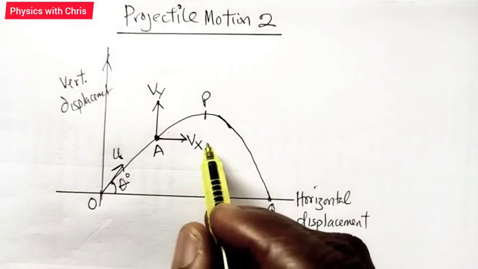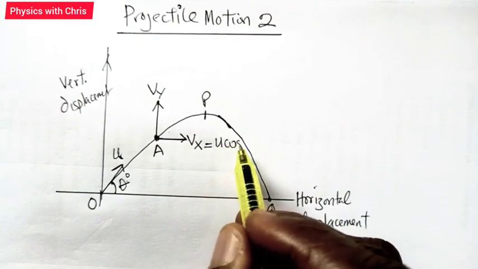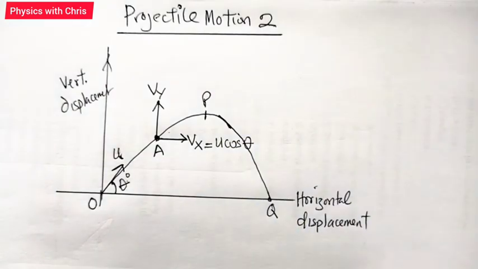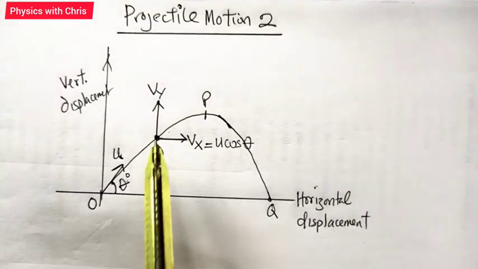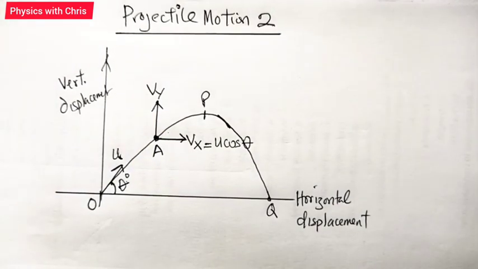And I said that this Vx is always constant and remains u cos theta, because gravity does not affect the horizontal motion.